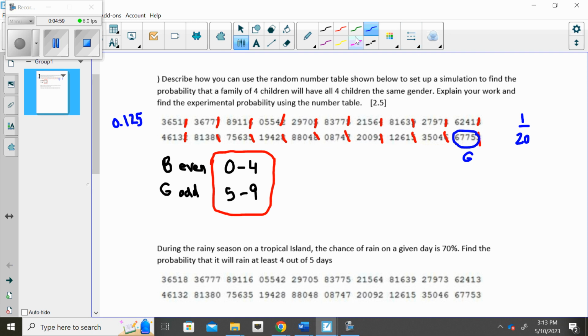So let's say, let me see, I'm going to change to green. If you had done evens and odds, this would have been a success. Just seeing if anything else would have been a success, because I would expect the probability to be 2 out of 20. That would be pretty close to the experimental.